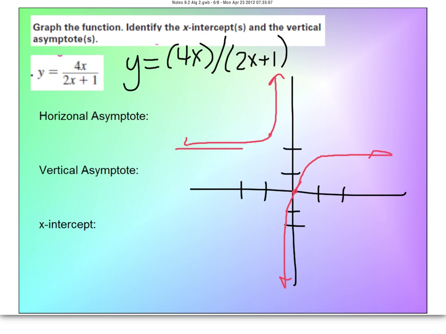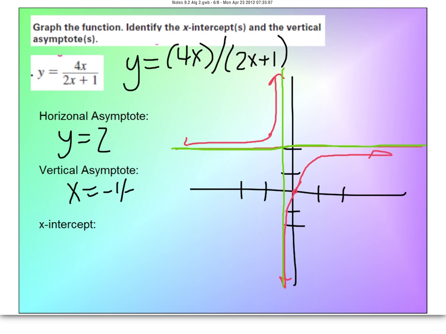The horizontal one is going to be right here, and it crosses at y equals 2. The vertical is about right here, and it's a nice fraction, I will tell you that. It happens at x equals -1/2. This thing does have an x-intercept where it crosses the x-axis, actually right here, and it ends up being the ordered pair (0, 0).